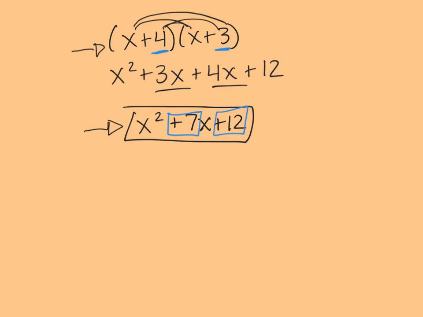Maybe you noticed that these two numbers, the 4 and the 3, add to get the 7 and multiply to get the 12. This pattern is always true. These two numbers add to the middle one and multiply to the last one, because when we multiply it out and combine, that's the pattern it follows every time.